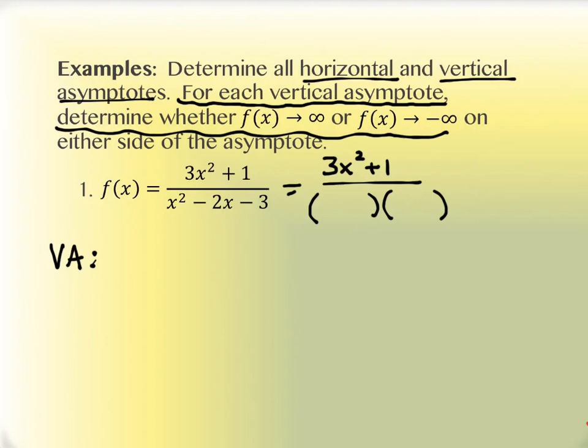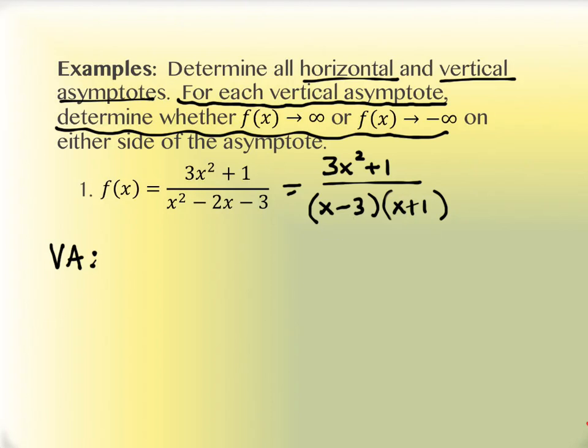So how will this denominator factor? Right, x minus 3 and x plus 1. So that gives me negative 3 at the end, and it gives me the negative 2 in the middle, right? The negative 3 and then the positive 1 to give me a negative 2 in the middle.